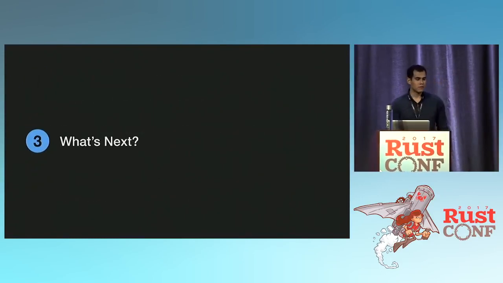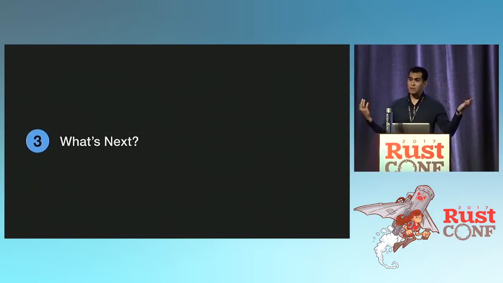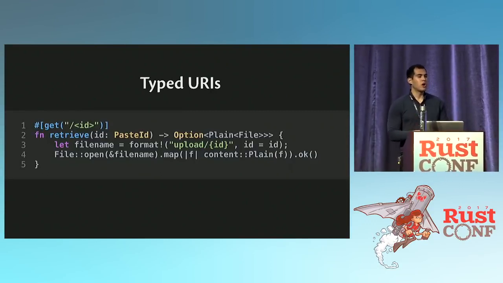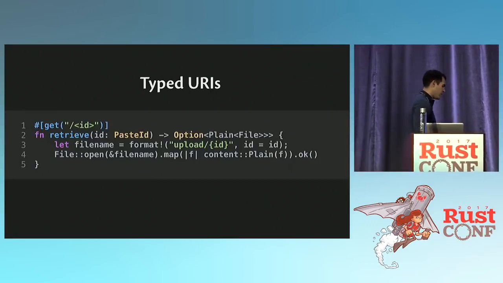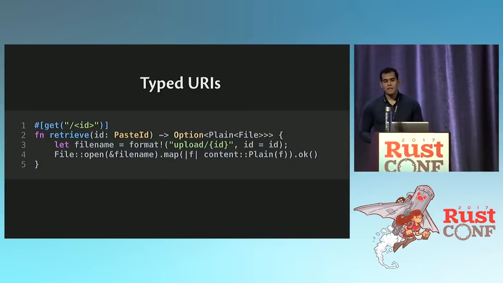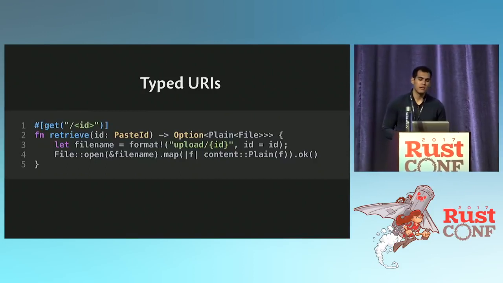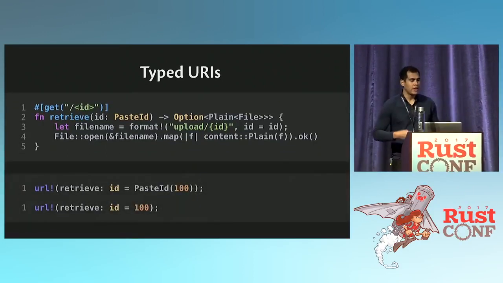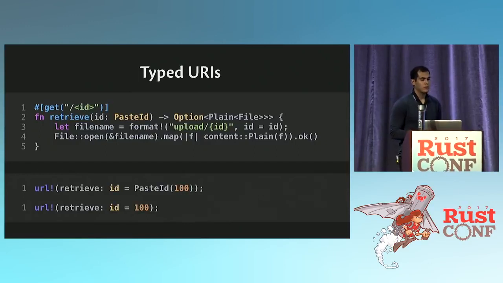So what's next? What's coming up? Well, we're going to keep using code generation, as you might imagine. And we're going to do typed URIs. For the next release of Rocket, I really want to have typed URIs. And the idea is if you have a route like this that takes in a parameter of ID, you can then create a URL to that route using the actual types that you'd expect.